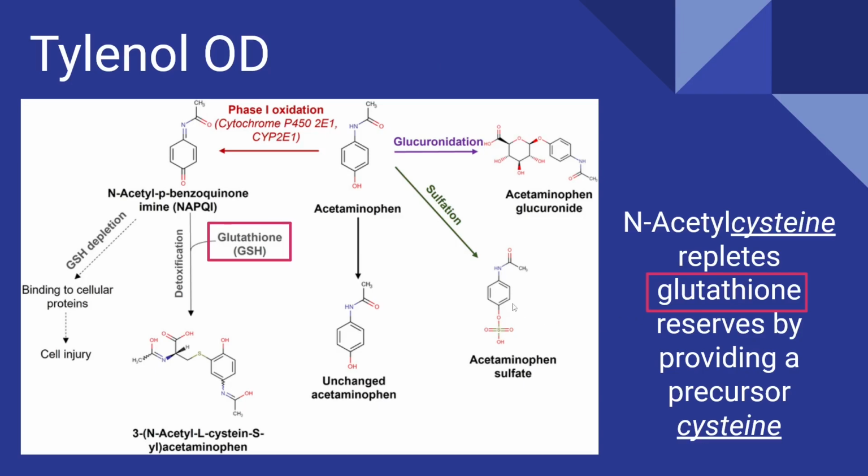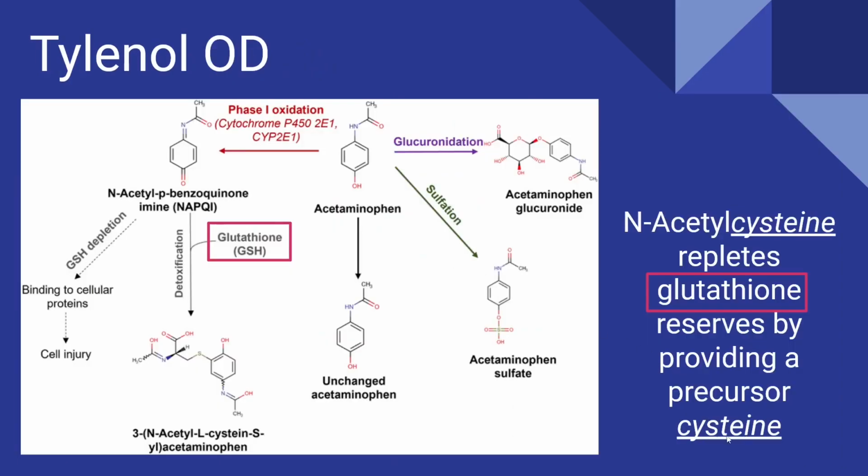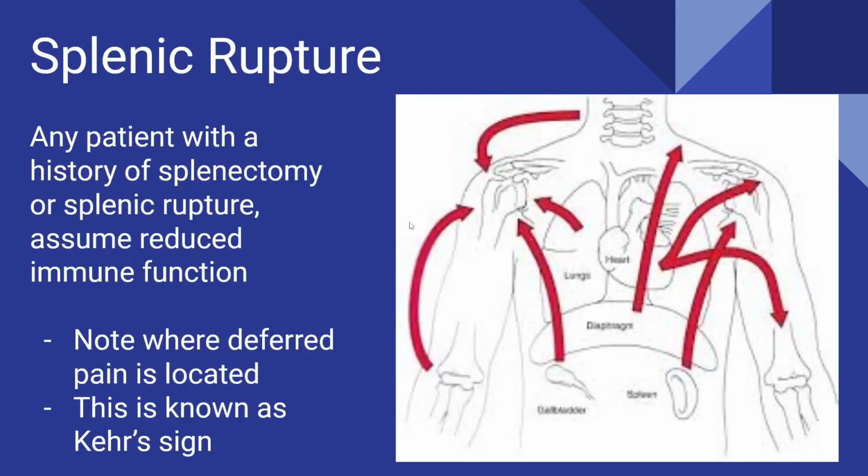And so what we can do in a Tylenol overdose is provide a precursor for that molecule that's used up. And that precursor is cysteine. So when we give acetylcysteine, I don't have it on another slide here, but what we're doing is providing a precursor for that, so then the body can continue to break down that Tylenol.